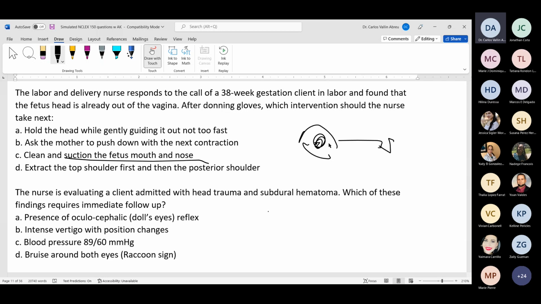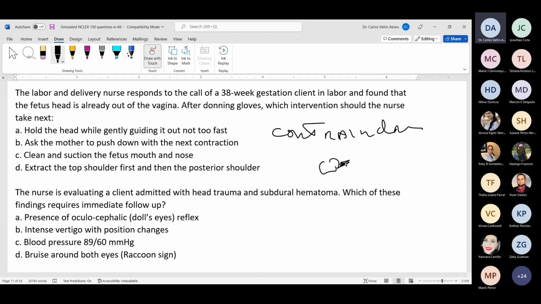That's the rationale of that. But now you have a homework. You now have something to investigate, to see why suctioning with the bulb that comes in the equipment is contraindicated.